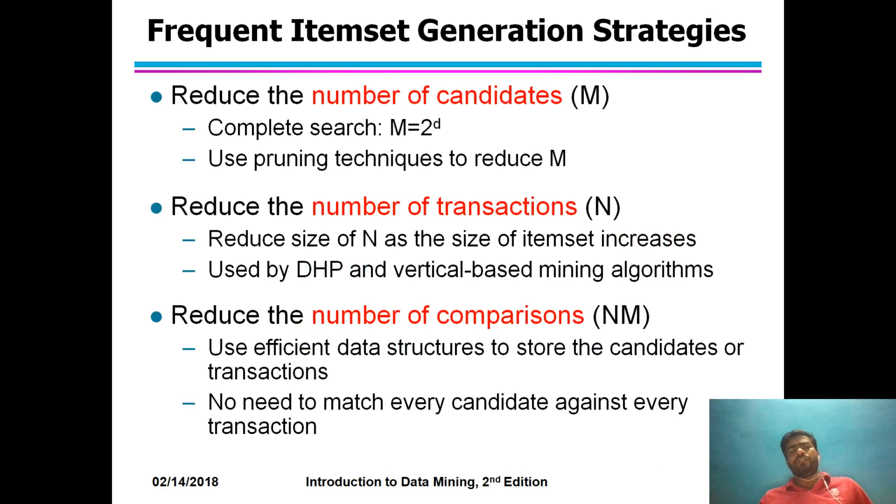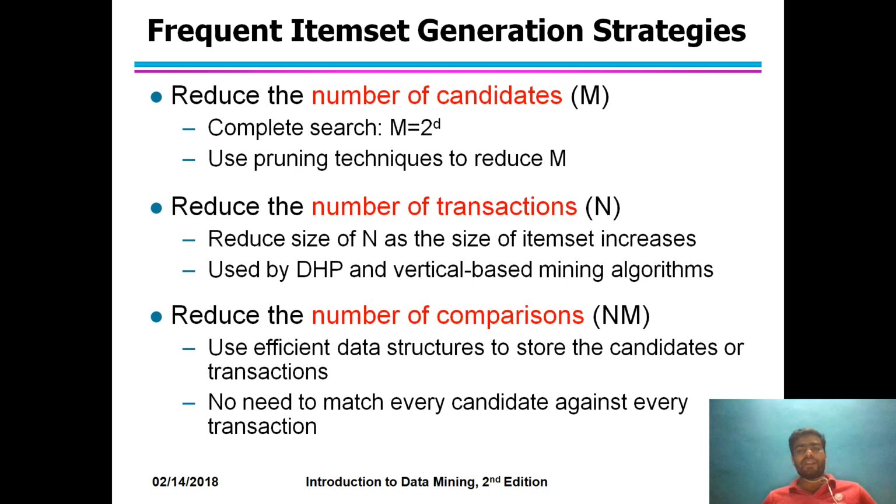Now if I want to reduce the frequent item set generation, what do I have to do? What strategies do I need to follow? The first one is to reduce the number of candidates m, instead of the complete search of m equal to 2 raised to d.